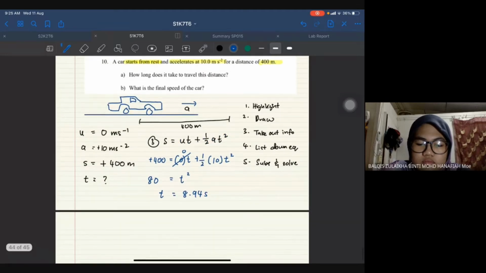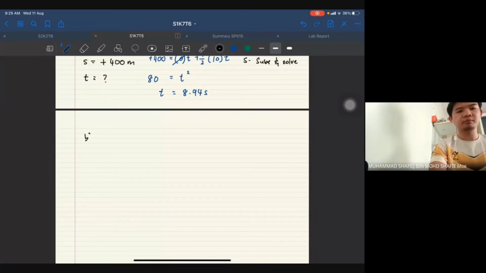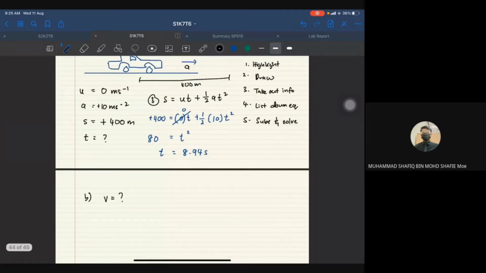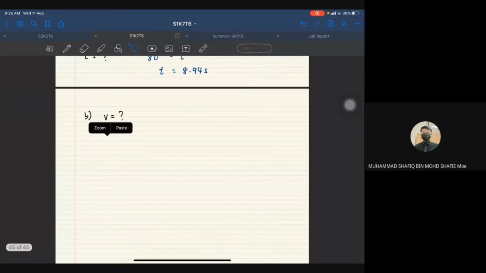Okay, B, what is the final speed of the car? So what does the question want? It wants V. V. So I always write down what the question wants. So like that. Okay, because you are still learning, I'm going to take this one out and put it here.